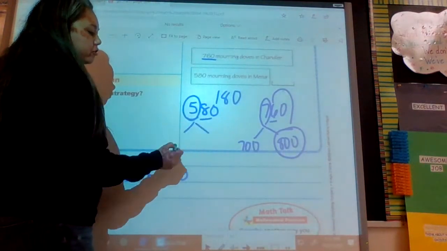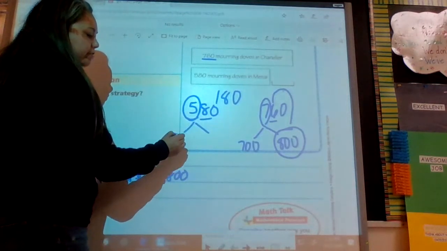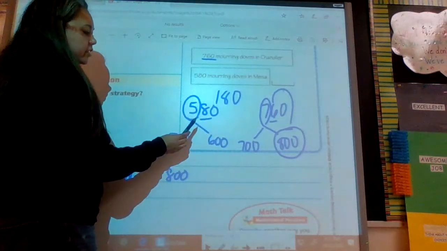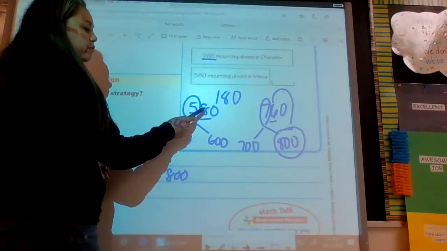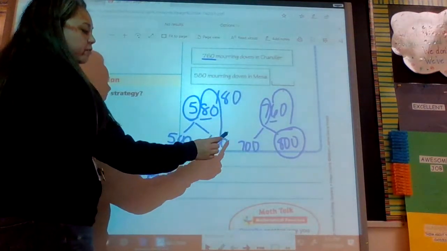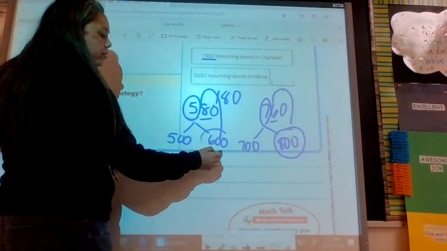Circle, we make our tree. This is between 500 and 600. The 8 tells us 1, 2, 3, 4, go back where we were before, 5, 6, 7, 8, 9, move on down the number line. It's an 8, so we're going to move down.